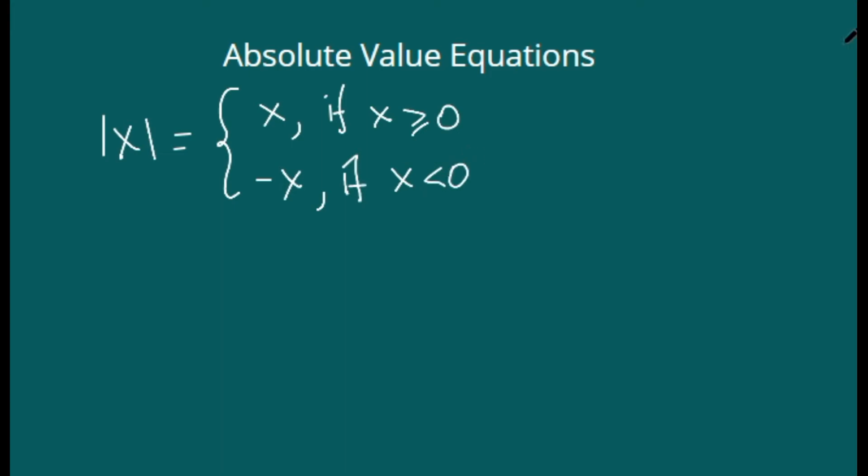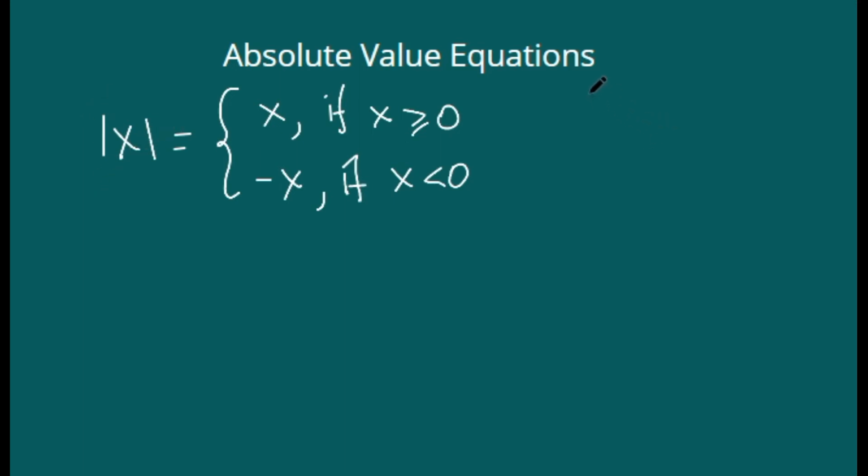What does it mean? Imagine we are a computer or robot and we should calculate the absolute value of any expression or any figure. The first thing I should do is check the sign of the expression inside the bars.